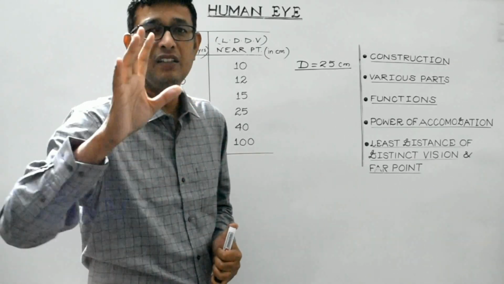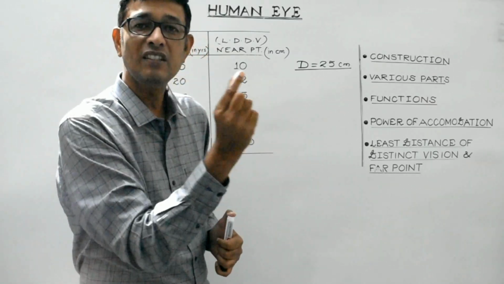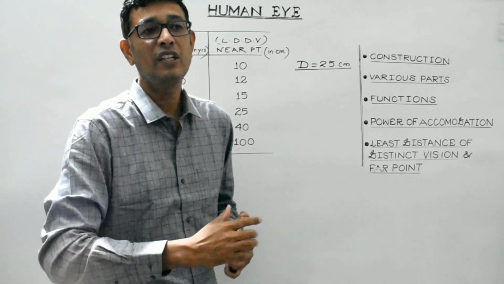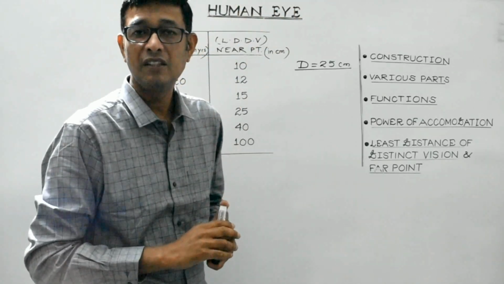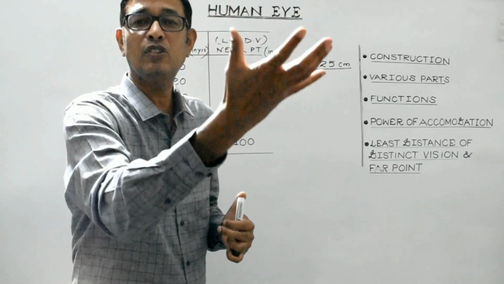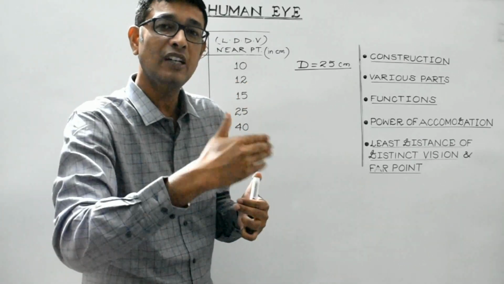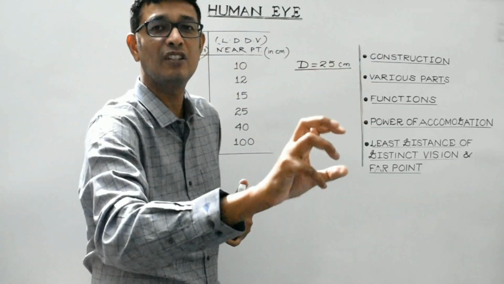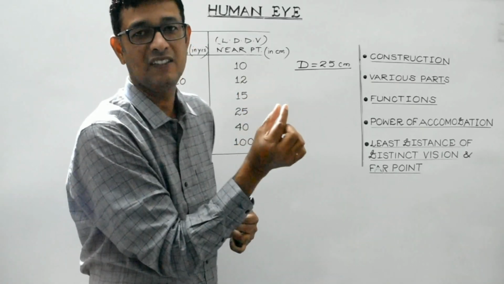Infinite distance doesn't mean that it can't be measured. Now, I've told you, the size of the human eye is only about 2 to 3 centimeters, right? Even if an object is lying at a distance of 50 meters, which means 5,000 centimeters, that is many times larger as compared to the dimensions of the eye. Then even if an object is placed at a distance of 50 or 100 meters from our eye, that object can be considered to be placed at infinity when we consider the size of the eye.